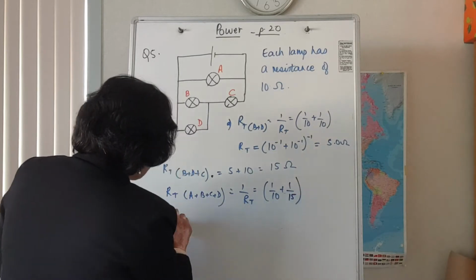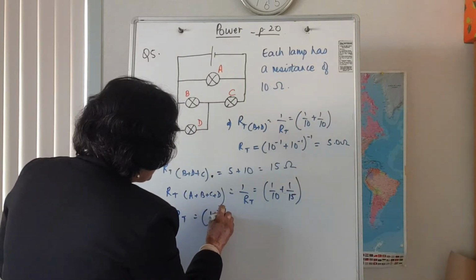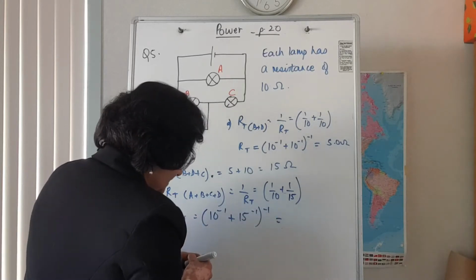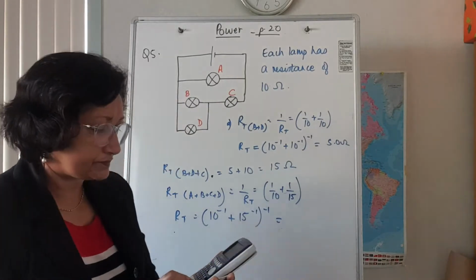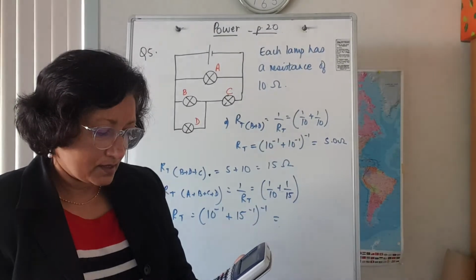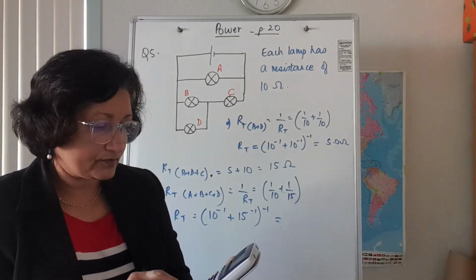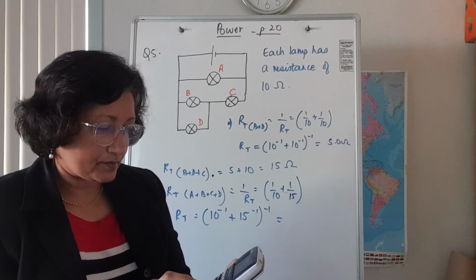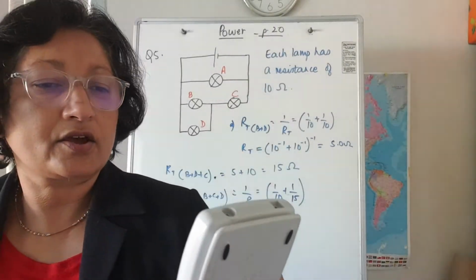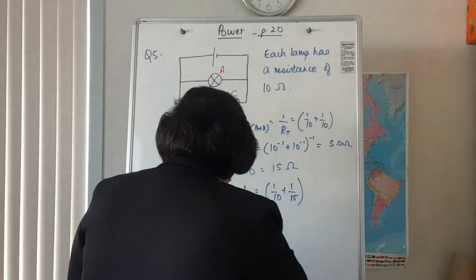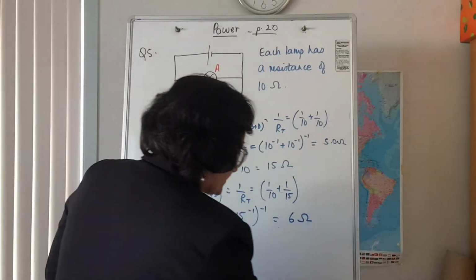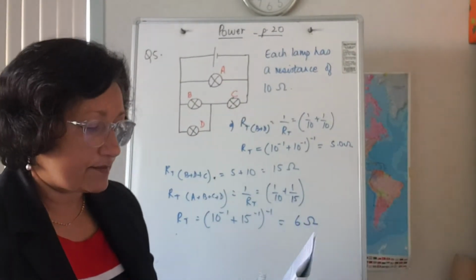Or RT is 10 to the power of negative 1 plus 15 to the power of negative 1, all to the power of negative 1. Let's see what that gives us. Open brackets, 10 to the power of negative 1 plus 15 to the power of negative 1, close bracket to the power of negative 1, and I get the answer 6. So the total resistance of the circuit is 6 ohms. Sounds about right because it has to be a number less than 10.